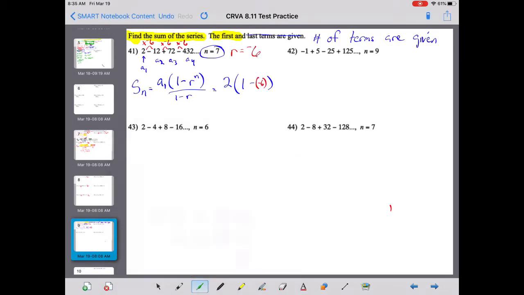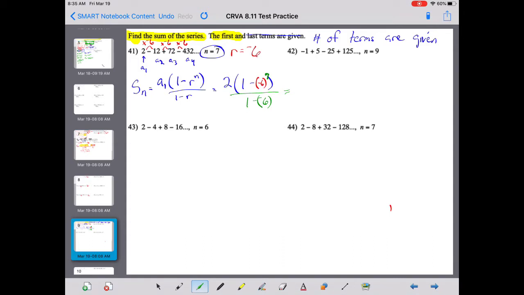So that's going in for r. Notice how I use parentheses around the rate, and then I raise it to the 7th power because we have 7 terms in this series. And then we do 1 minus the rate, so 1 minus negative 6. So that's the main change. You've got to look at the pattern and find what the rate is.